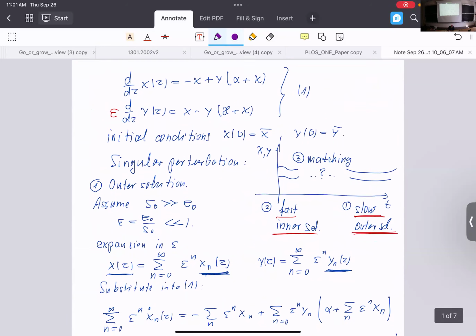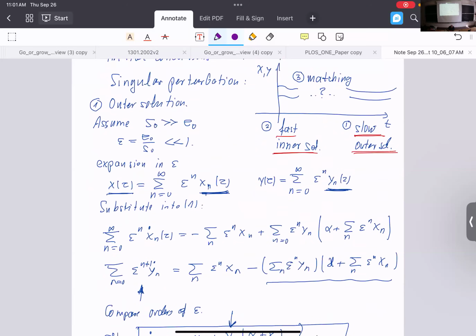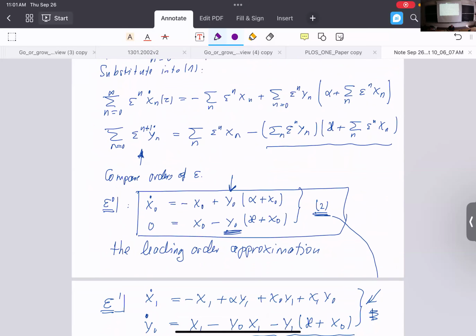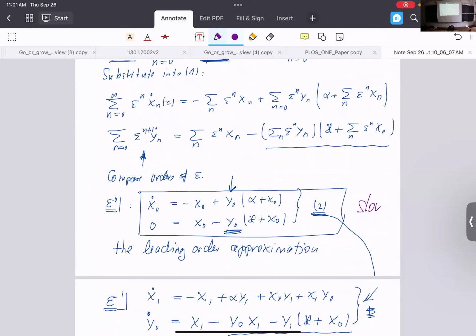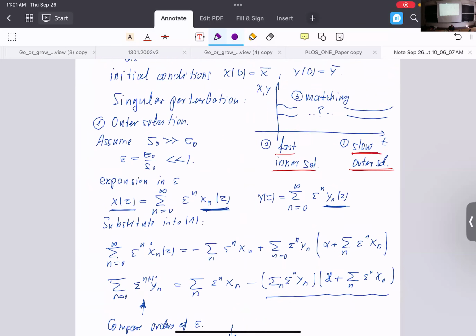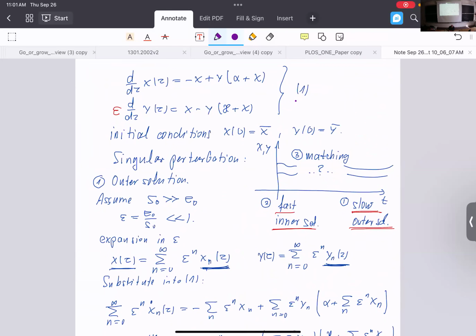Leading order approximation. Here's my fast. This was a slow. So we started having the epsilon in front of the time derivative d by d tau. This is how our model appeared. And this was then our slow system.